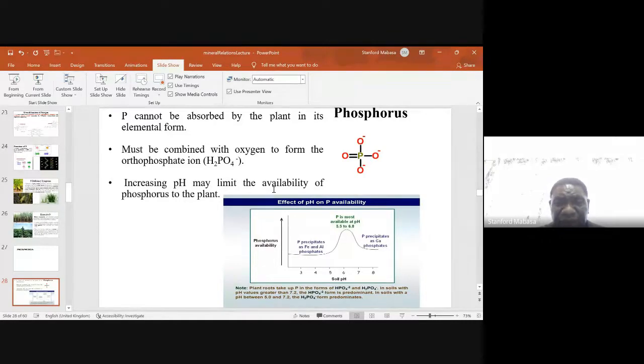For example, at low soil pH, as indicated by this graph on our right, there's very little phosphorus availability, but at neutral pH, probably after liming our soils, phosphorus becomes available. But too much alkalinity may depress phosphorus uptake.